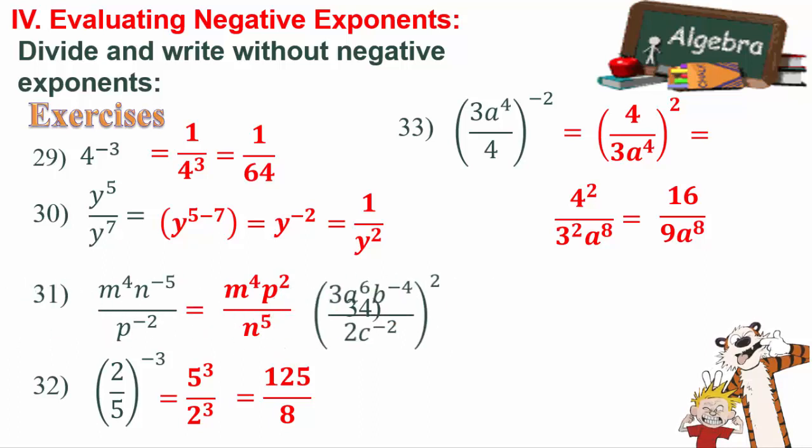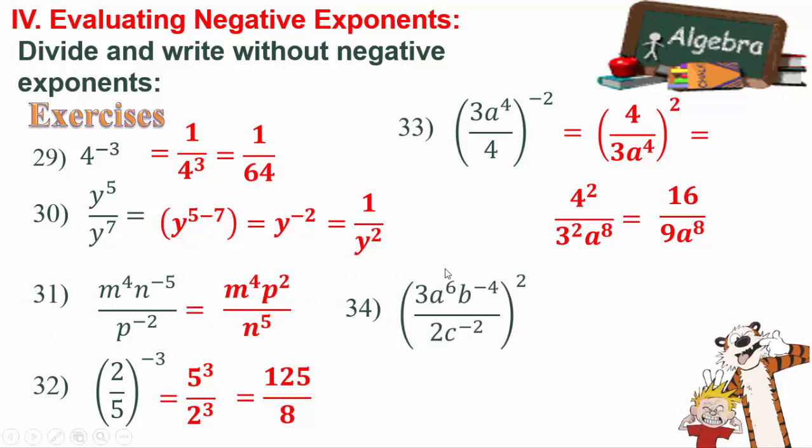In number 34, I have this. And again, what I'm going to do is work this particular example out on the whiteboard to show you how it could be done.